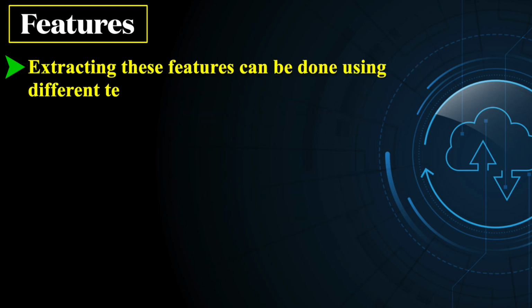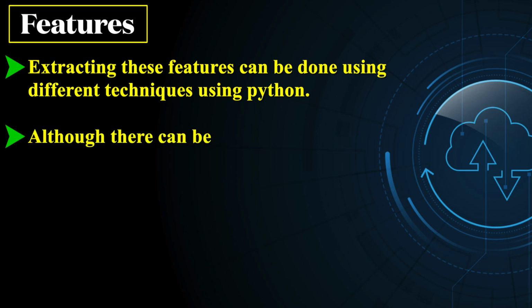For feature extraction in Python, if you want to write code, the first thing is to decide the IDE, the environment in which you want to work. I personally use Google Colab.